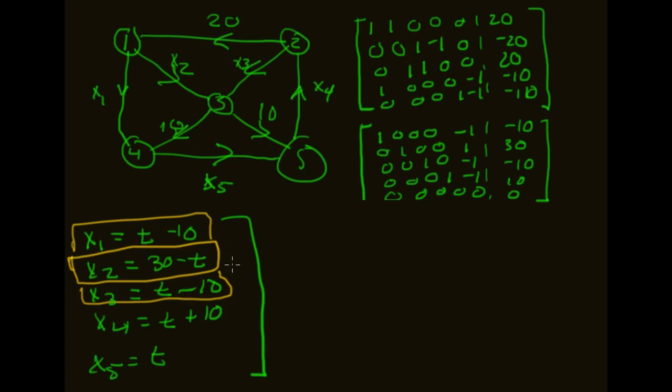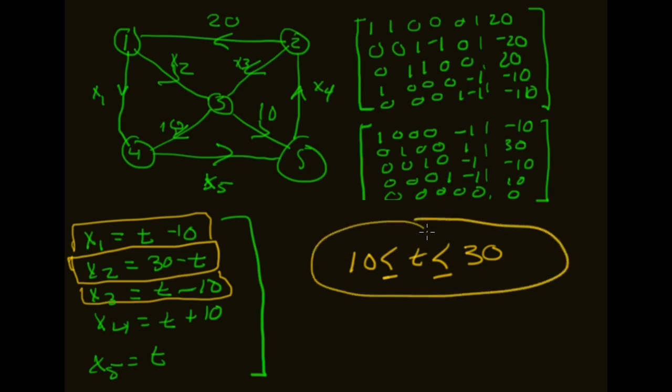So the x3 and x1 give me a lower bound. I have to be greater than or equal to 10, right? Because if I'm not, these two go negative. The x2 has to be less than 30, because if t is bigger than 30, then the x2 is going to go negative. x4 is always going to be positive so long as t is positive, and the same with x5. So this restriction here should keep me with positive flow on every one of the edges.